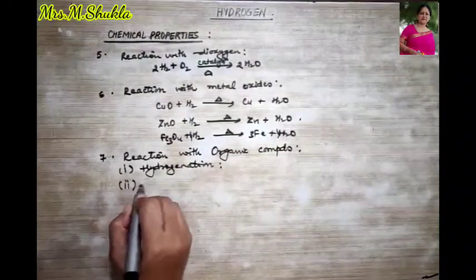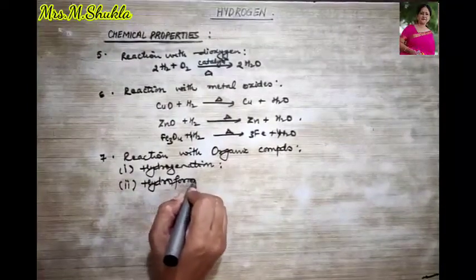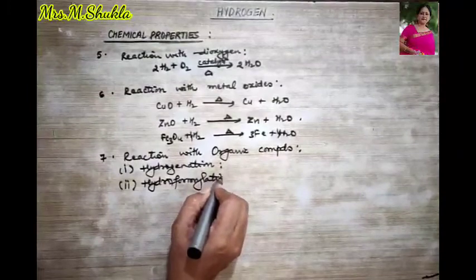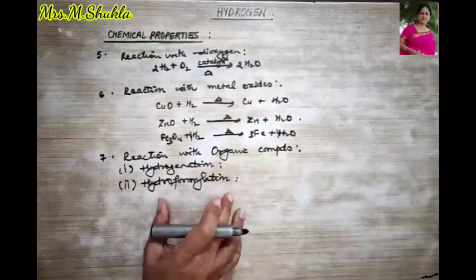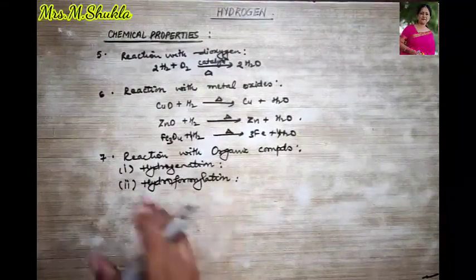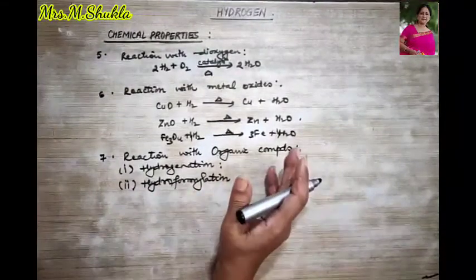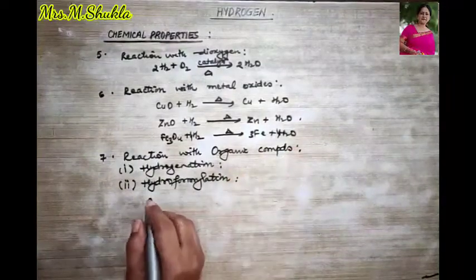The second one is hydroformylation. Okay, what do we study over here? In hydroformylation of olefins, it always gives aldehydes, which further undergo reduction to give the alcohols.